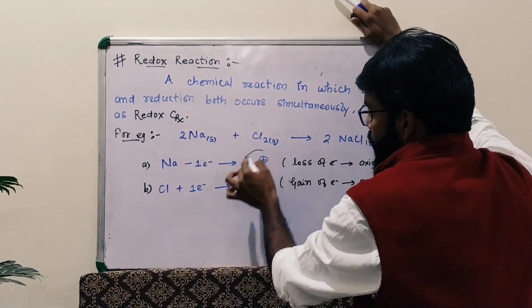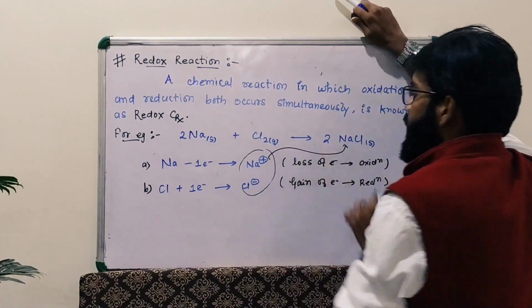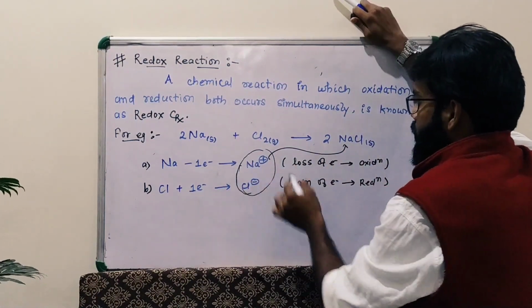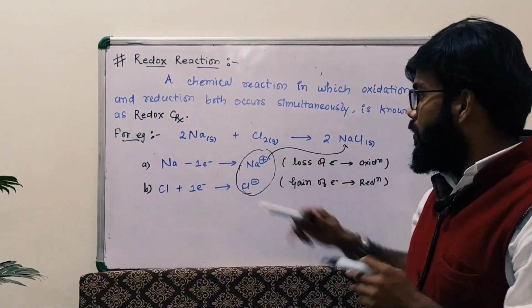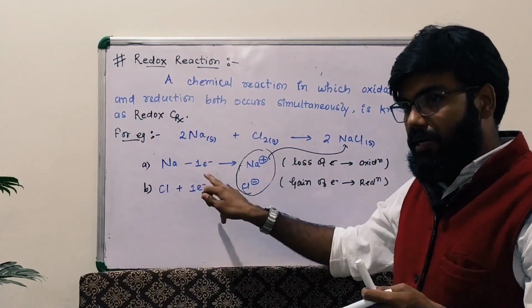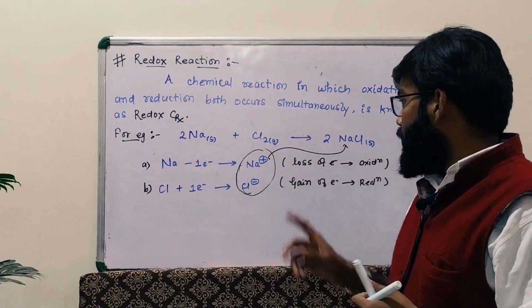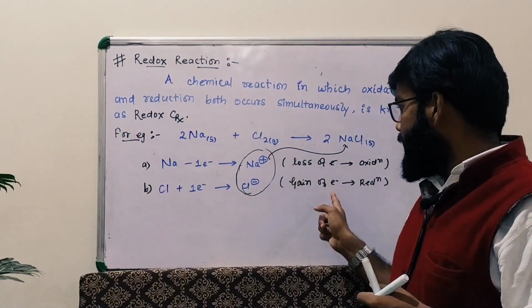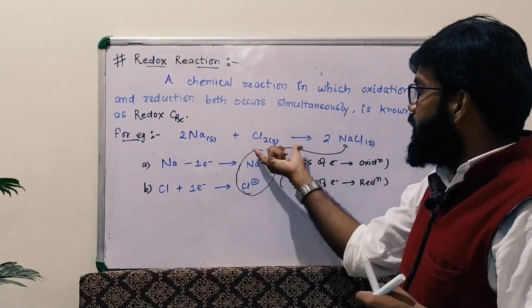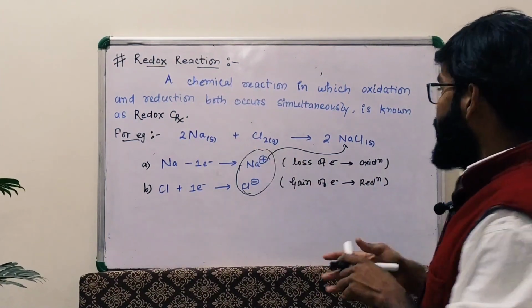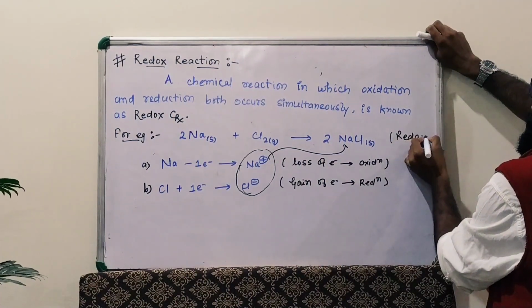Then there is a force of attraction between cation and anion, and it forms this NaCl crystal. So in this chemical process, both A and B steps are occurring. Loss of electron takes place, that is oxidation is occurring. Gain of electron takes place, it means that reduction is also occurring. So this chemical process is of type redox reaction.